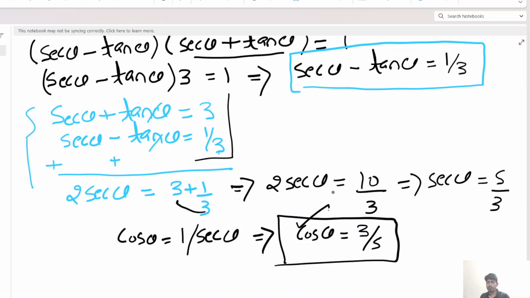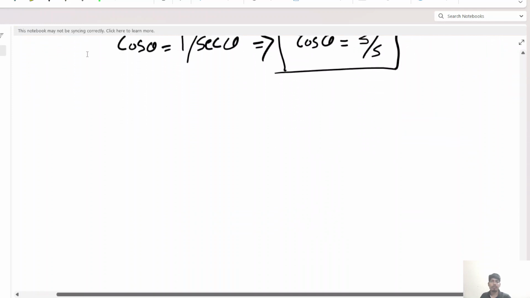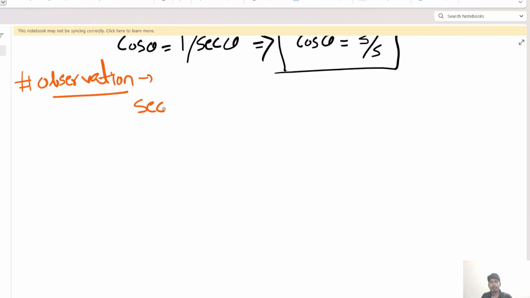And one more observation here, let me write. What is our observation? If sec square theta minus tan square theta is equal to 1, it is always 1.